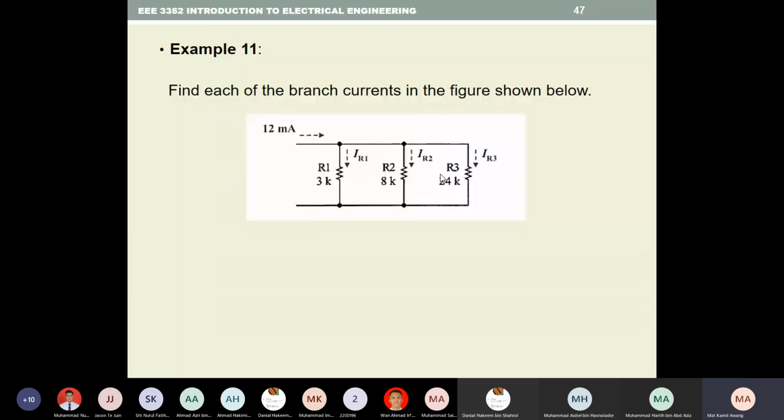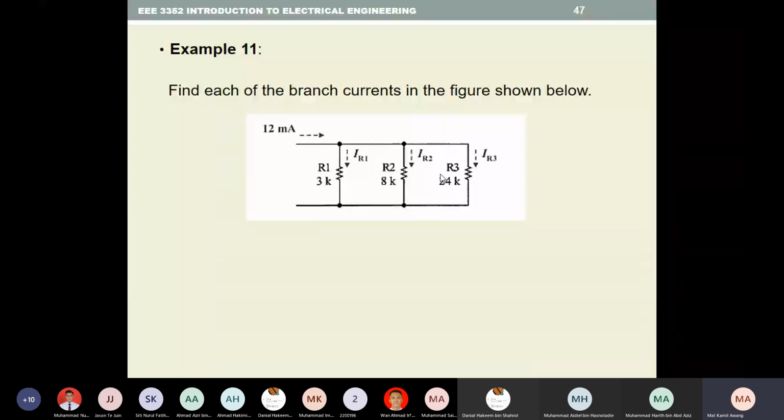So what is IR1? What is the formula? IR1 is equal to R equivalent divided by R1 times Is.